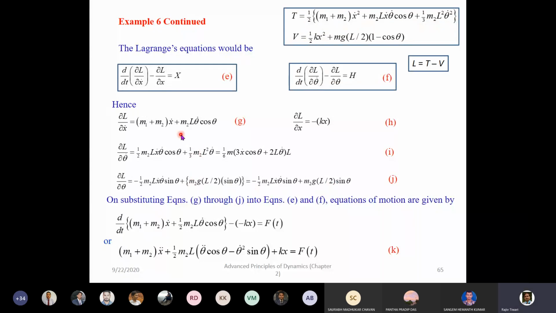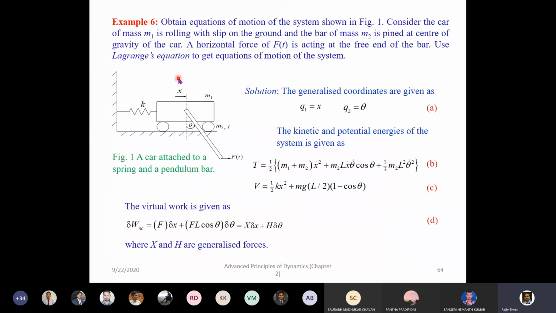Now we can substitute this in here. You can see that del L by del x dot are substituted, and the derivative we still need to perform. This is also from the equation, where h we can put here. And X we have defined in the previous slide as F, and h is F L cos theta.